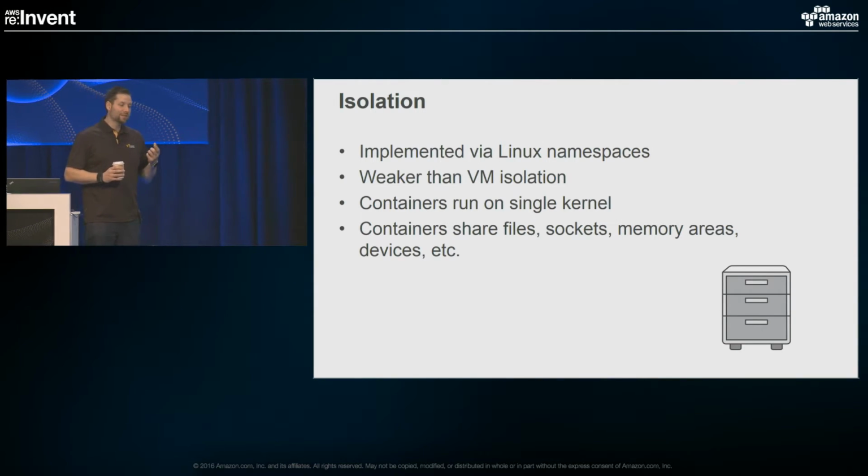That means that it has a slightly weaker isolation than a virtual machine has because they do run on a single kernel. So all the containers running on the same instance run on the same kernel. They also share certain files, sockets, memory areas, devices, etc. So they have a different security posture from the get-go versus a virtual machine.